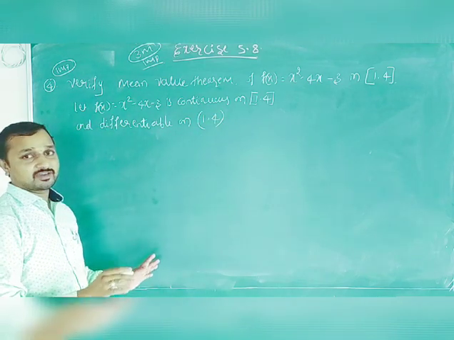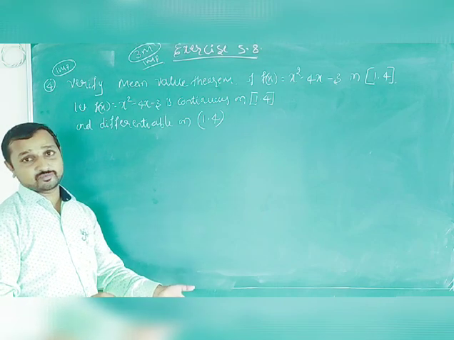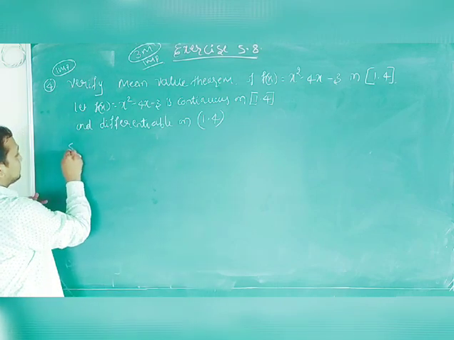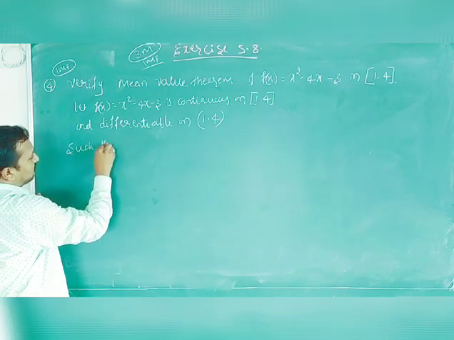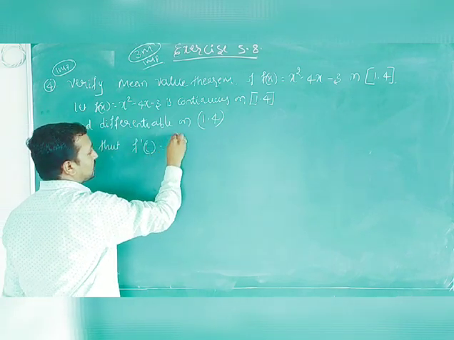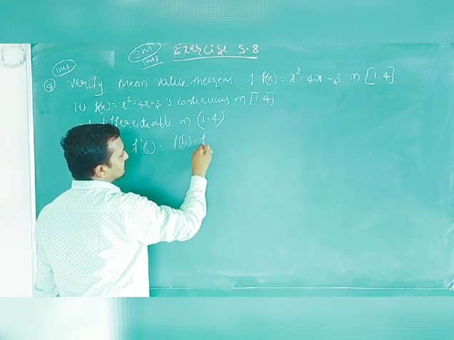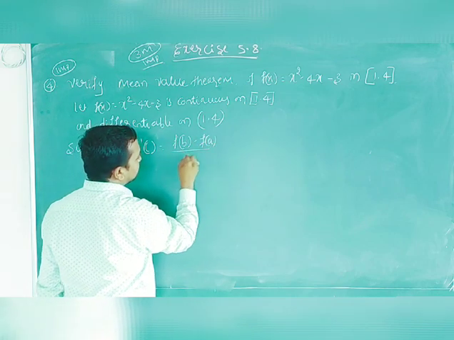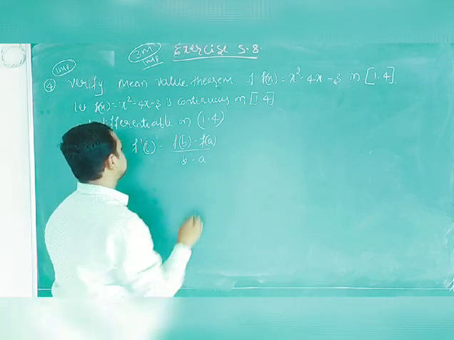Here we don't check f of a equal to f of b, but we need to find c such that, what is your formula? f dash of c is equal to f of b minus f of a divided by b minus a.